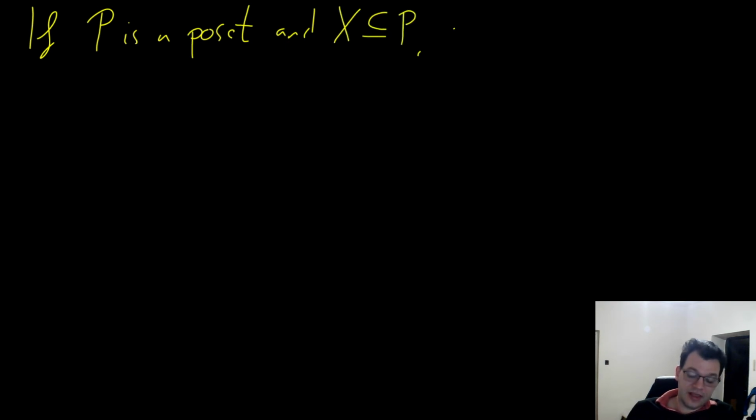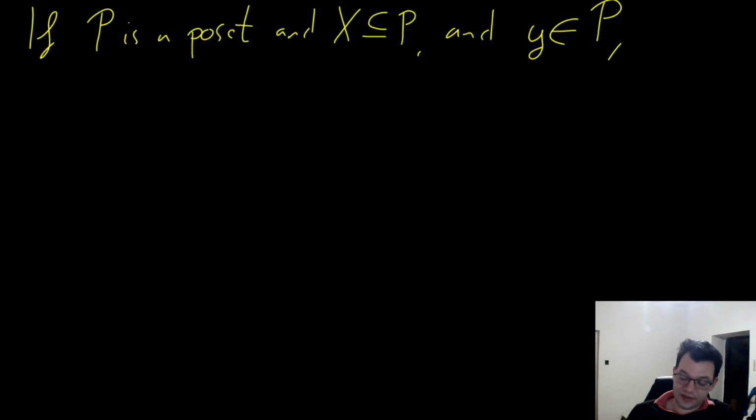So if P is a poset, and X is a subset of P, and Y... Now, in the previous definitions, the least element of X and the minimal element of X are actual elements of X. The so-called supremum of X and an upper bound of X is not necessarily a member of X, it can be another element of the poset.